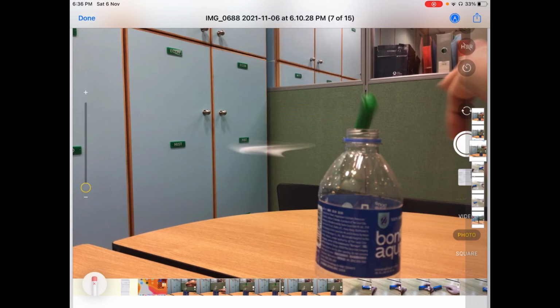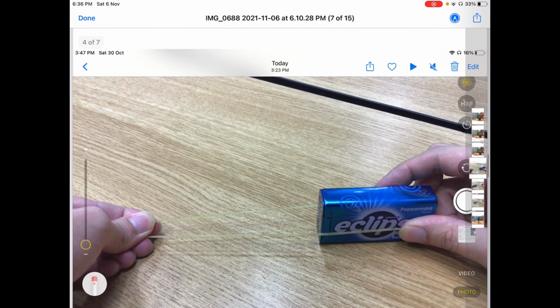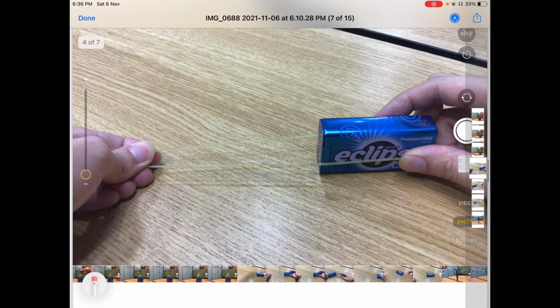Well, then let's move on to a more complicated case. It's like this. And you can also do it at home. Just find a random object, a piece of rubber band, and then hold the object, and on the other side, your goal is to make this object remain at rest.